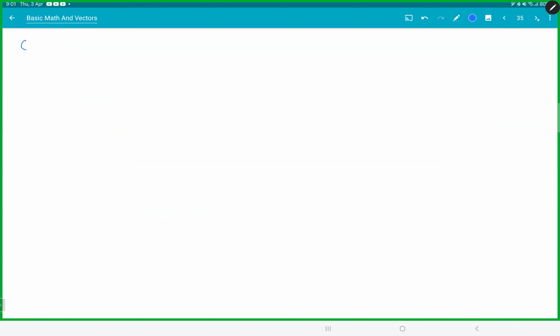Coordinate system. Now, this is one important thing. So what is this coordinate system? Basically, it is a notation to locate the position of a point. In simple words, I can say it's an address.